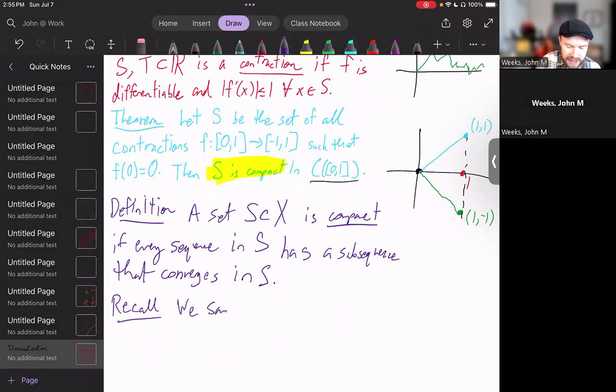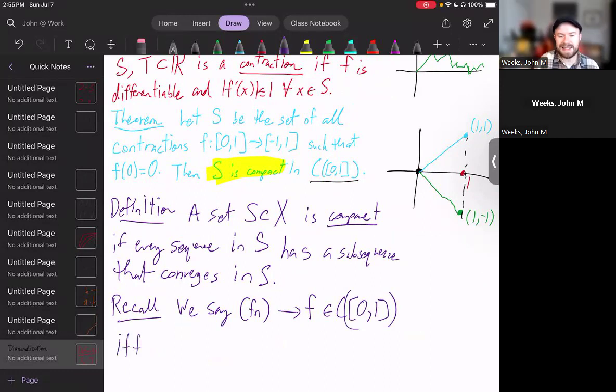So we would say that f sub n, the sequence, converges to a function f inside of the space of continuous functions with a domain going from 0 to 1 if, and this is by definition, the supremum over all x inside of the domain of the absolute value of f sub n of x minus f of x goes towards 0.